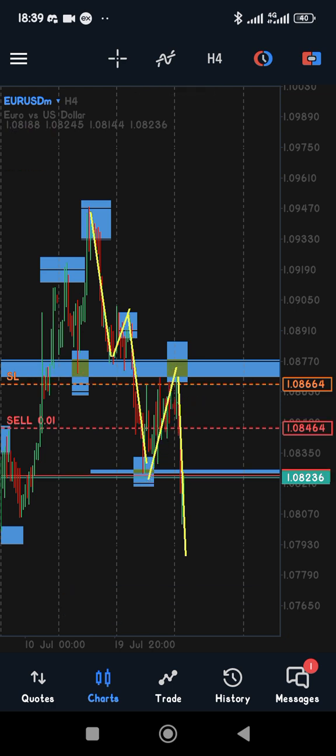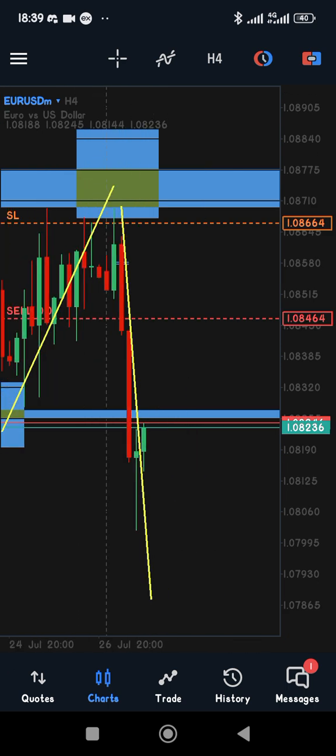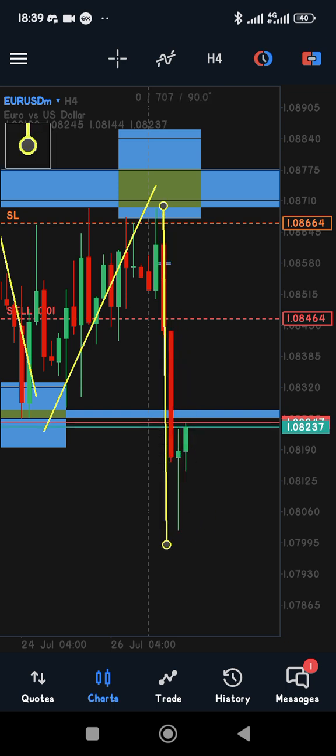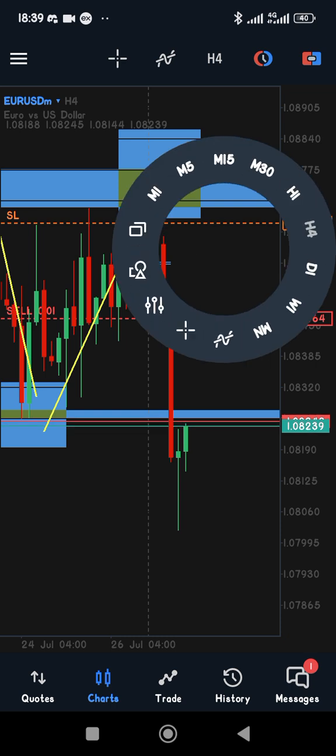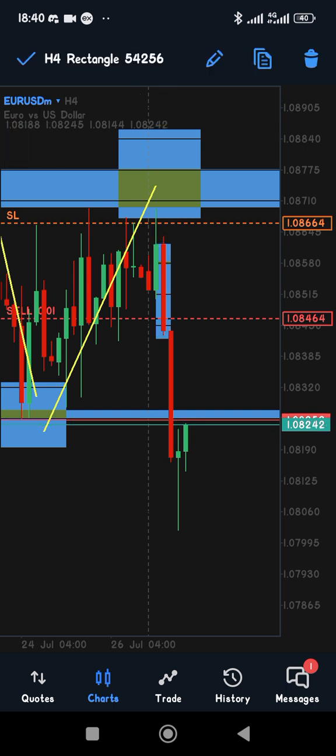So when I see a bearish engulfing, that is when I begin to sell. If you look at it, this one is a bearish engulfing here. So that is when I enter for a sell.